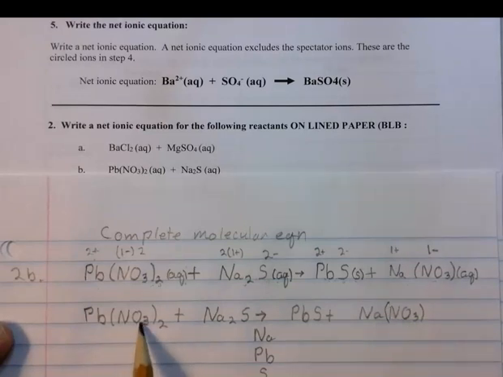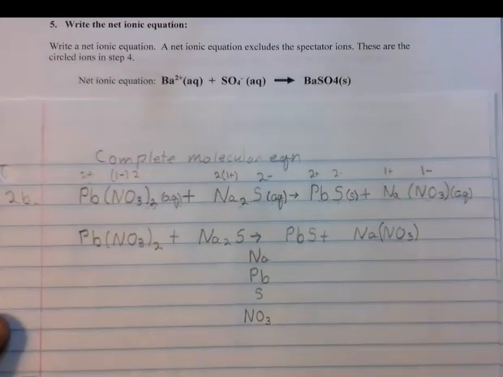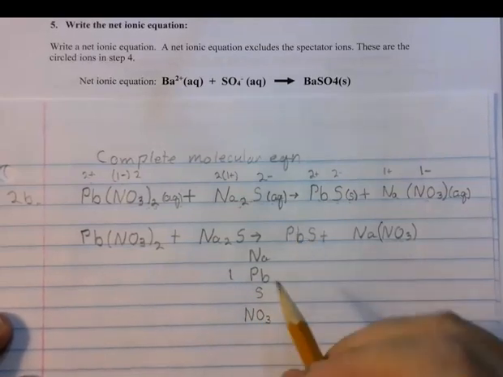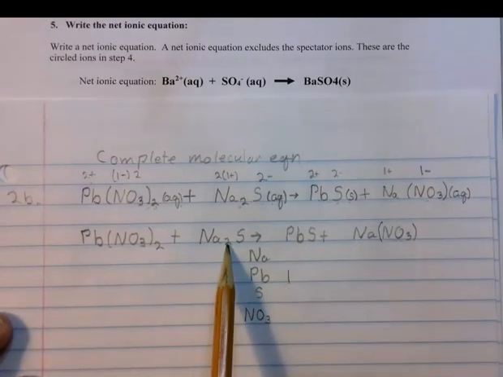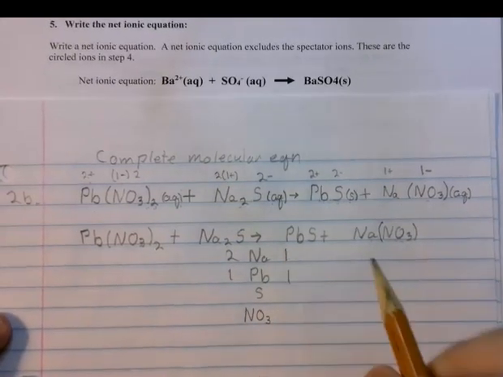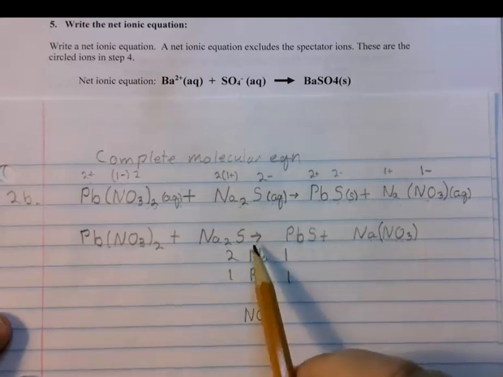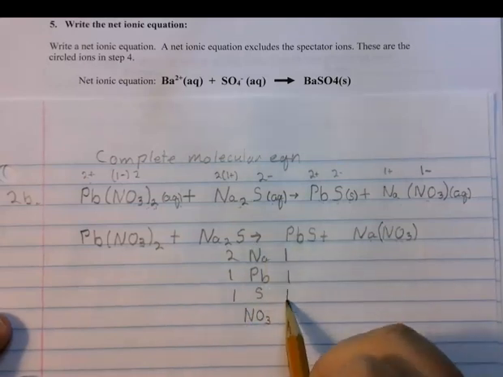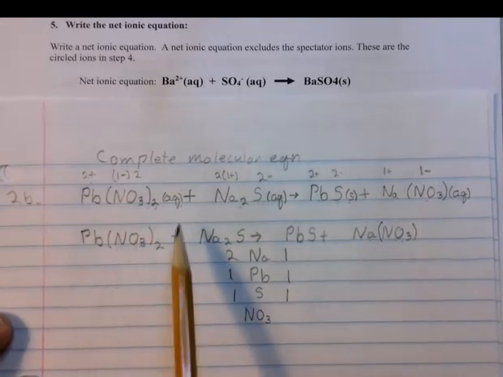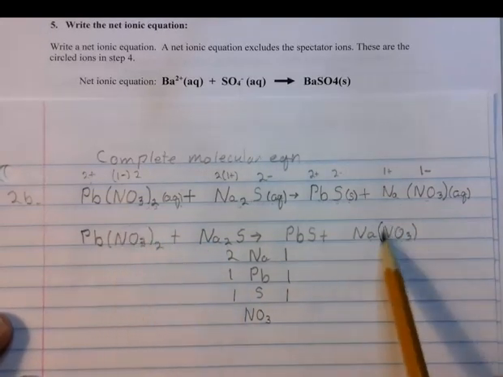This is not going to break apart into nitrogens and oxygens, okay? So let me get back on the screen here. So let's count. I have 1 Pb on this side. I have 1 Pb on that side. Sodium, I have 2 on this side, and I have 1 on this side. Sulfur, I have 1 on this side and 1 on this side. And the nitrates, I have 2 on this side, 2 of this entire parenthesis compound here, and 1 on this side.